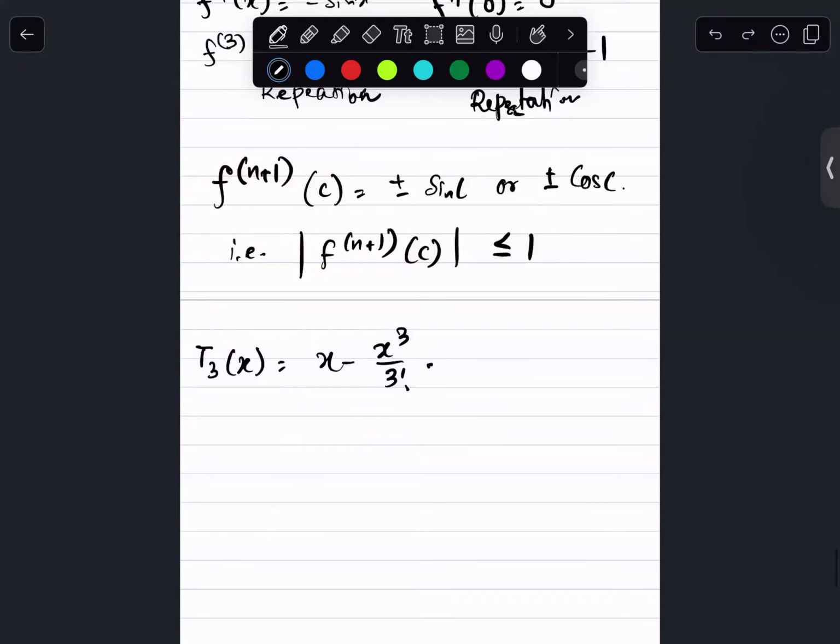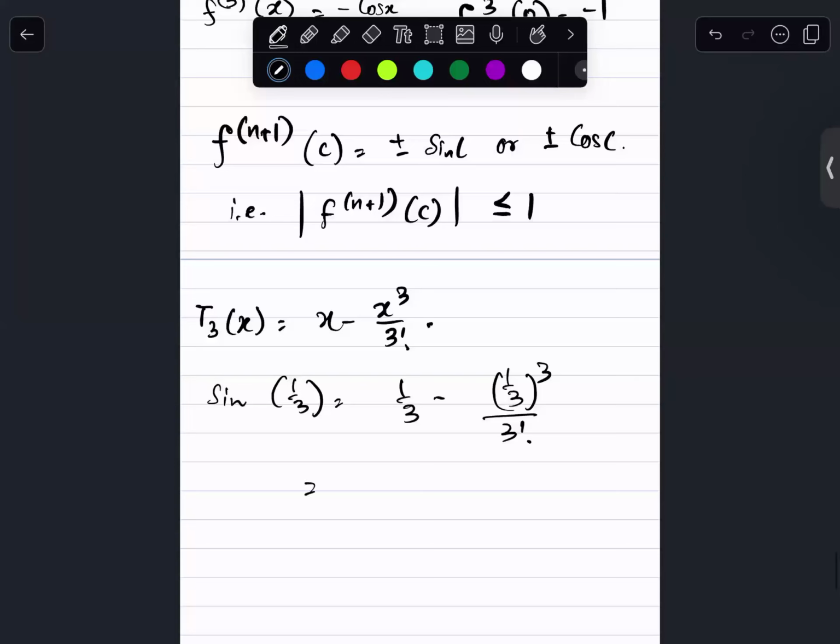Okay, cool. So sine of 1/3 will be 1/3 minus (1/3) to the third over 3 factorial, right? Using the calculator again, this value is 0.32716 and so on.